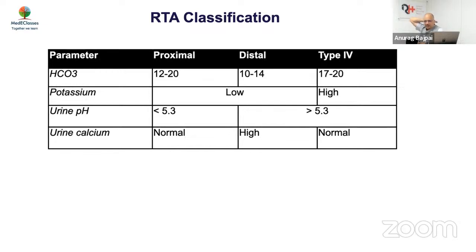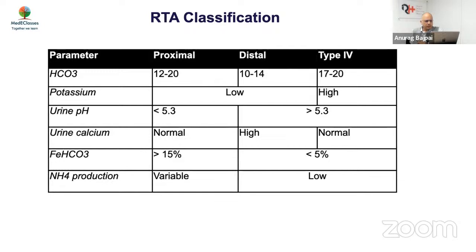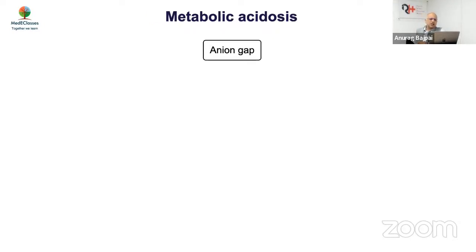The major cause of hypercalciuria, hypermagnesiuria and everything is your sodium. Because of that gradient you have a problem. Potassium is being lost, all the positive ions will be lost. This is part of the RTA picture. FE bicarb, as I said, will be high in proximal RTA as compared to the other forms, and ammonium production will be low, especially in distal RTA.